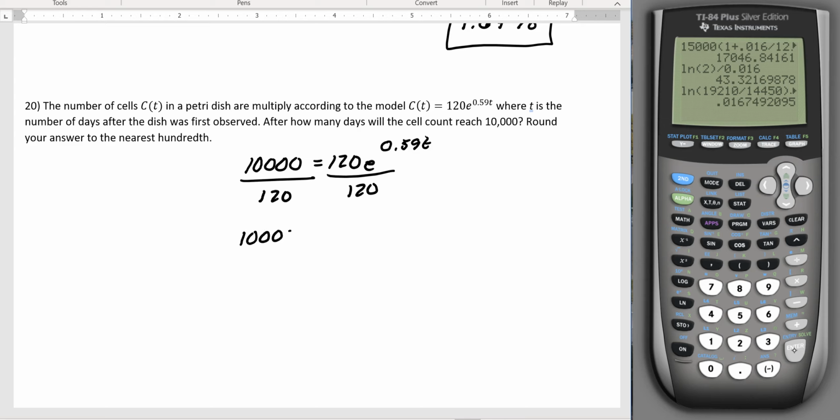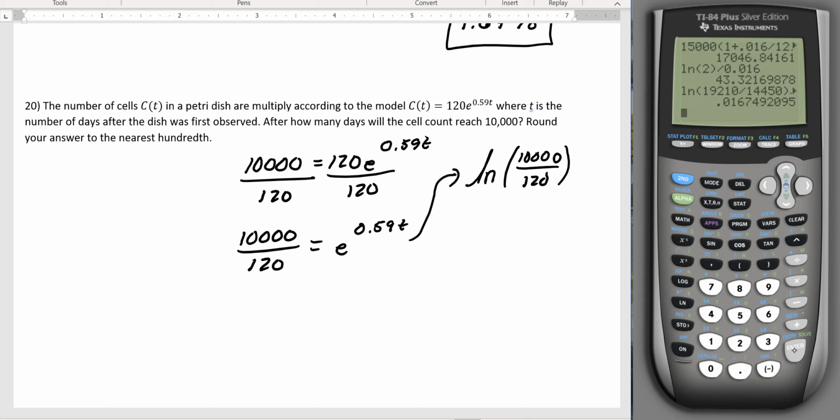So I'll have 10,000 divided by 120 equals e to the 0.59t. Convert that to a logarithm, so the natural log of 10,000 divided by 120 equals 0.59t. Goodness, I'm running out of room. Divide both sides by 0.59. And that is what I can put into my calculator.